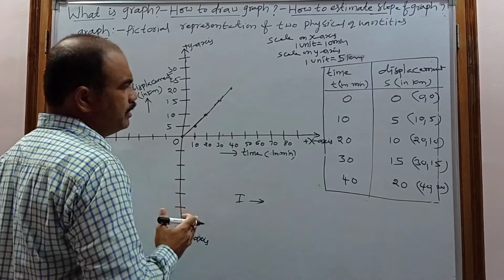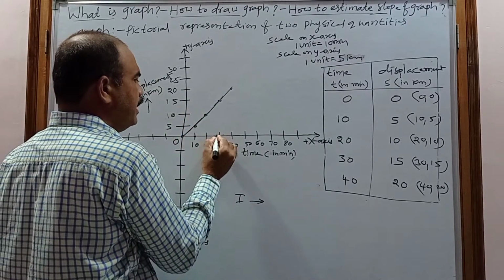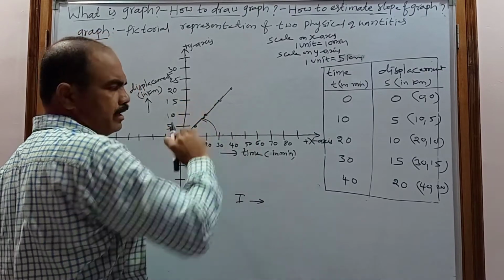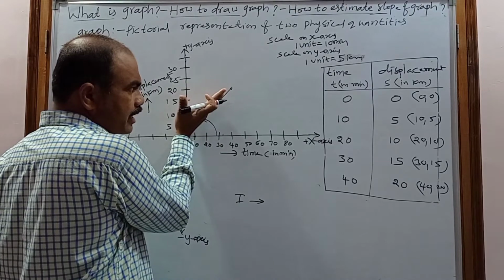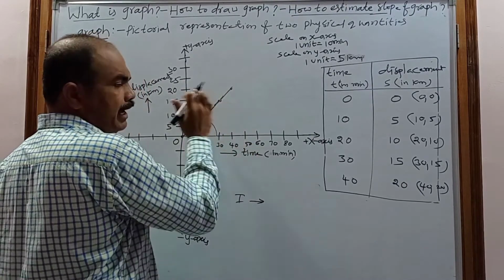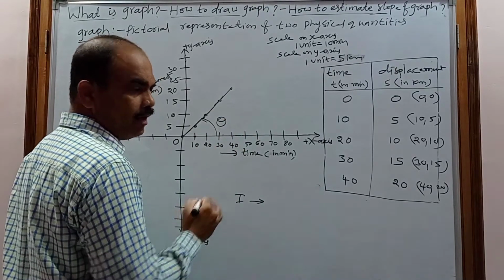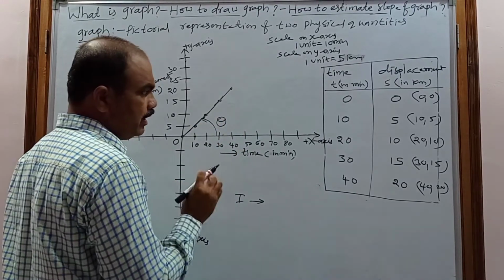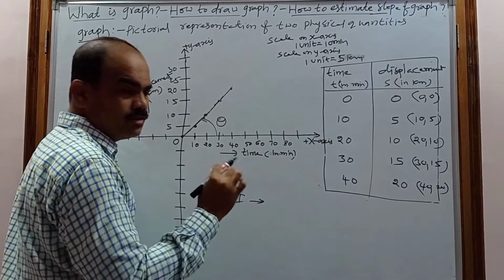Simply find the angle made by the straight line with the x-axis, in which direction? In the anticlockwise direction. Remember. After finding this angle, the tangent value of this angle will be called the slope of the graph.